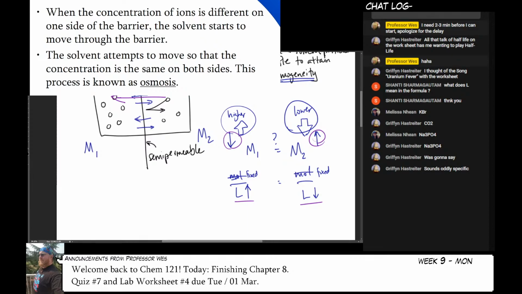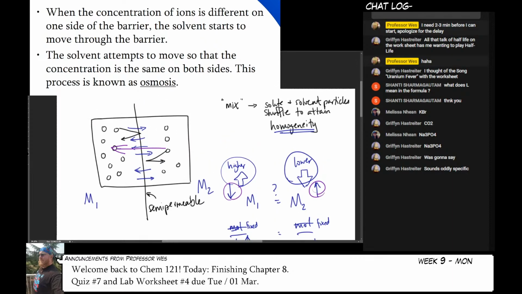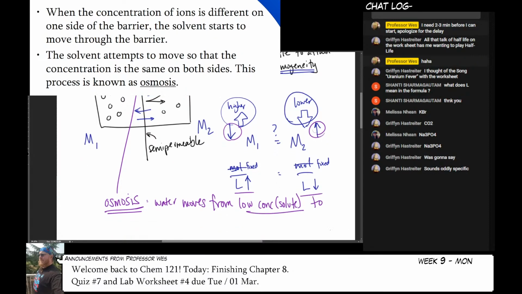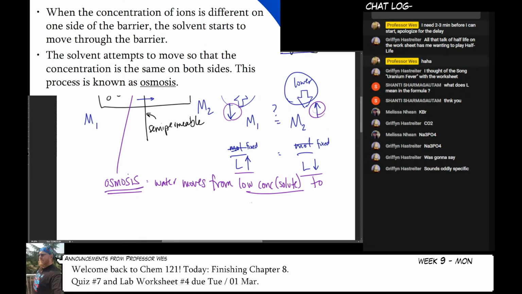So, because water and solutions want to do this mixing thing, this is the observation that we observe. And this is called osmosis. Osmosis is the flow of solvent, in this case water, and it will move from the low concentration solute side to the high concentration solute side.